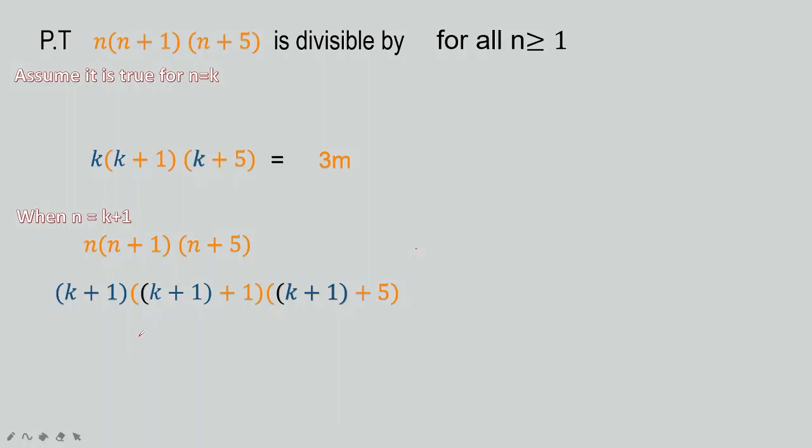Here I'll just play with it for some time. k plus 1 plus 1 I can write as k plus 2, and k plus 1 plus 5 I'm going to write as k plus 5 plus 1.